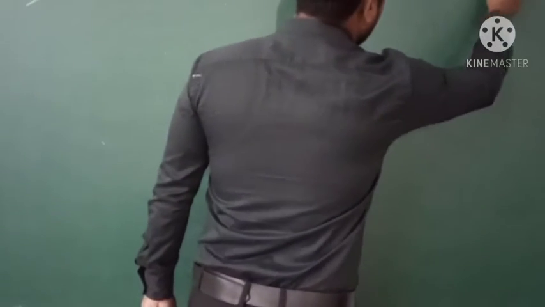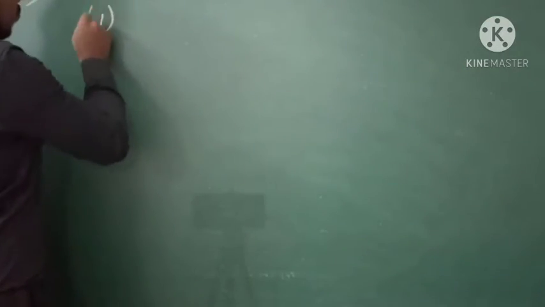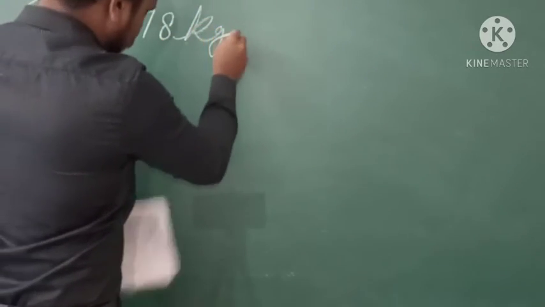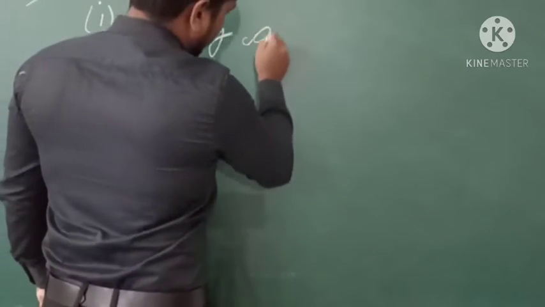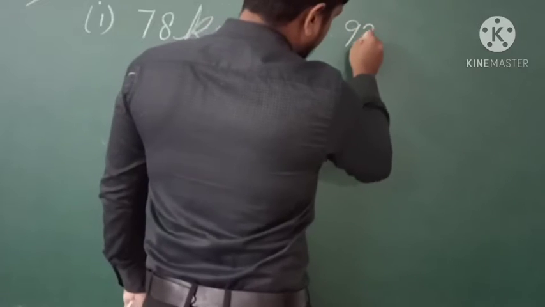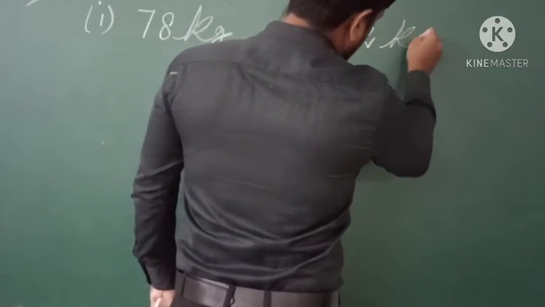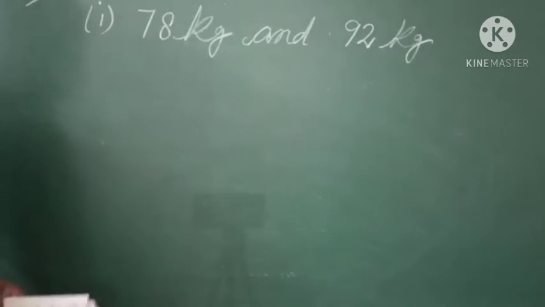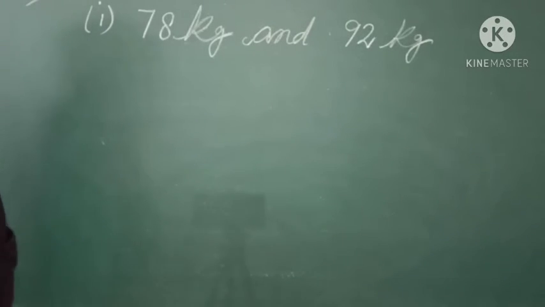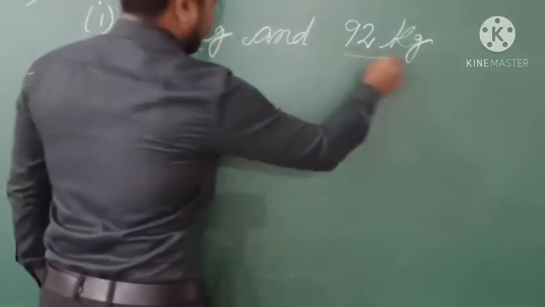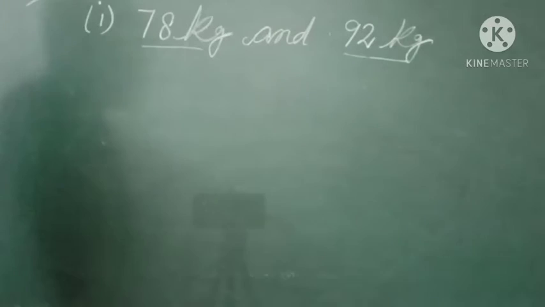Let us take the first one: 78 kilogram and 92 kilogram. These two are the numbers. You have to find the difference, that means you have to subtract. 78 is the lowest number and 92 is the greatest. So from 92 you have to subtract 78.